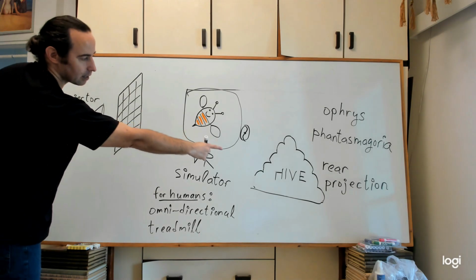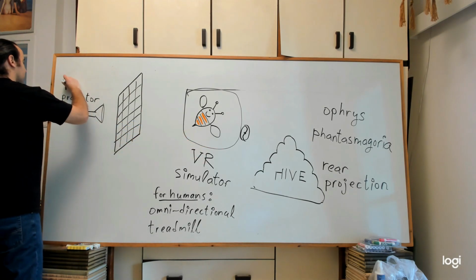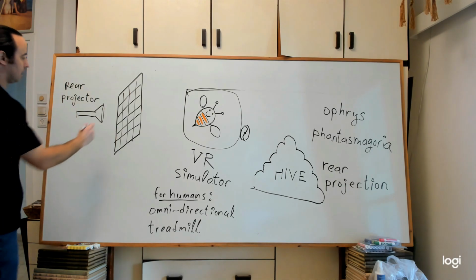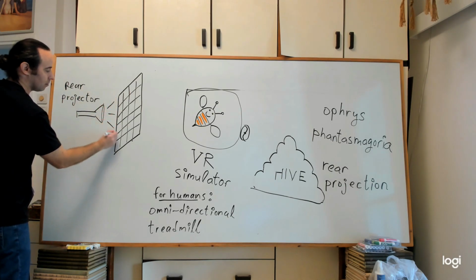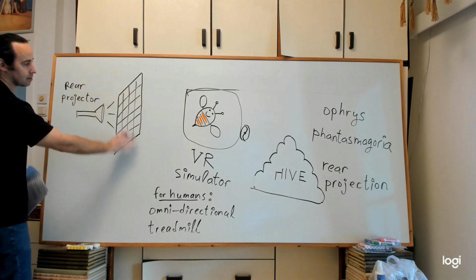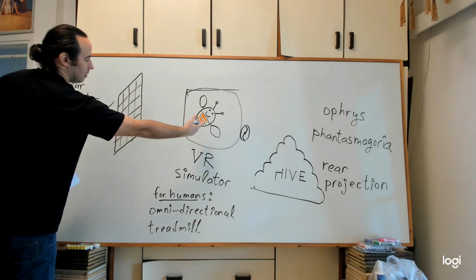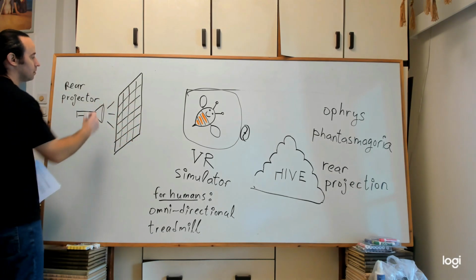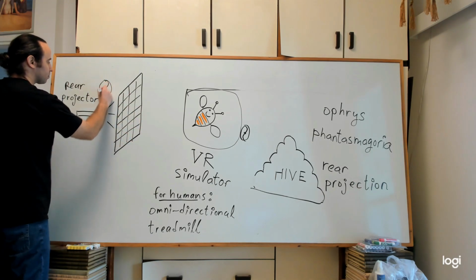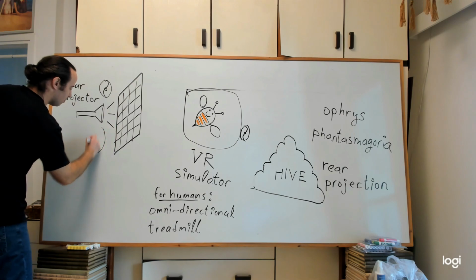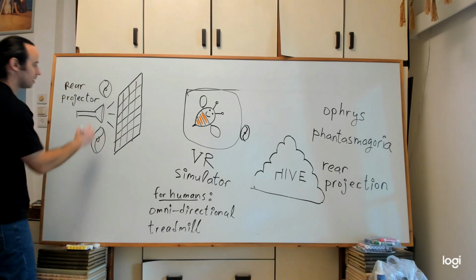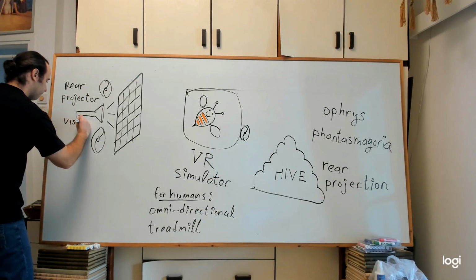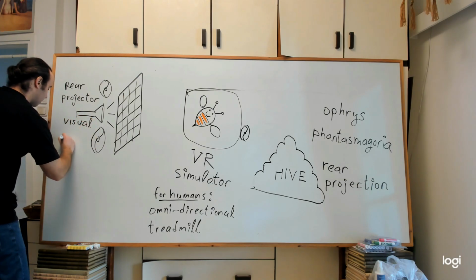This is the rear projector, and it projects on this mesh. This is like the screen. The bee sees through the holes what is projected. And also there are fans. So this is the visual, and this is the haptic part.